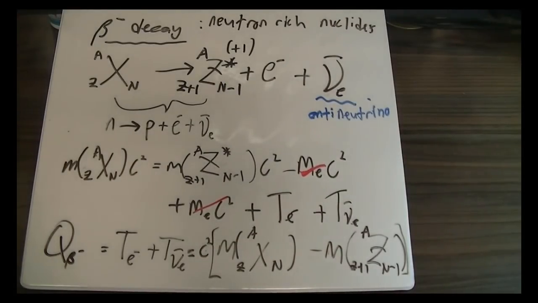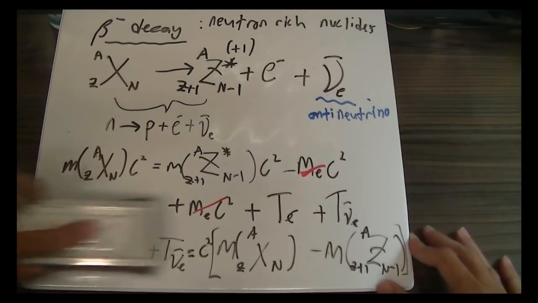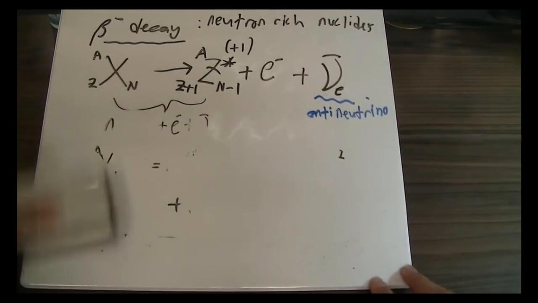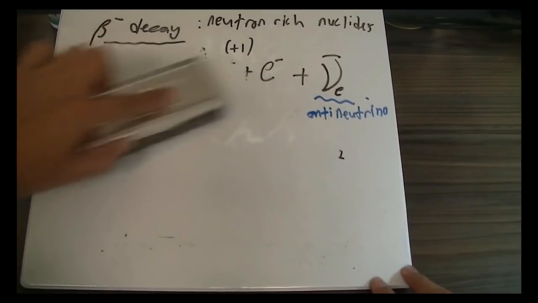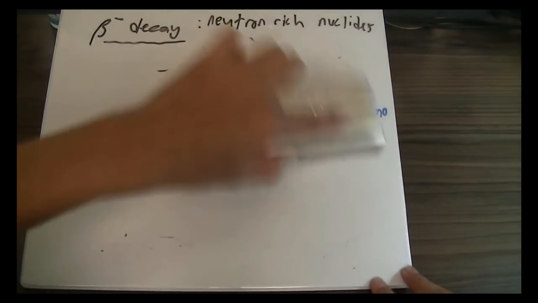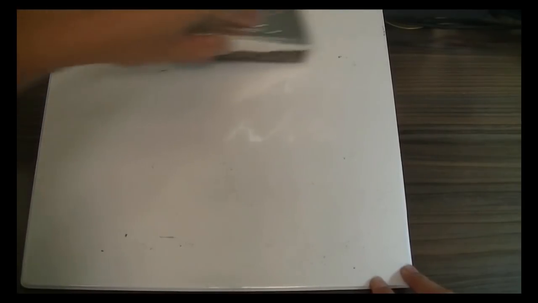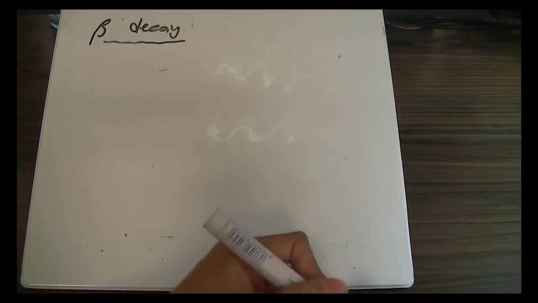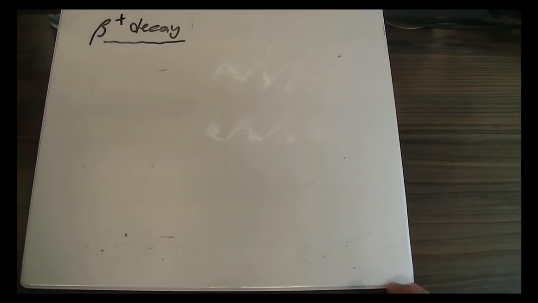So we already had the beta minus decay, so next is the beta plus decay. Beta plus decay is also known as the positive electron emission decay. Just now in the beta minus decay, a negative electron, or exactly an electron, is released, but in the beta plus decay, the positively charged electron is released.